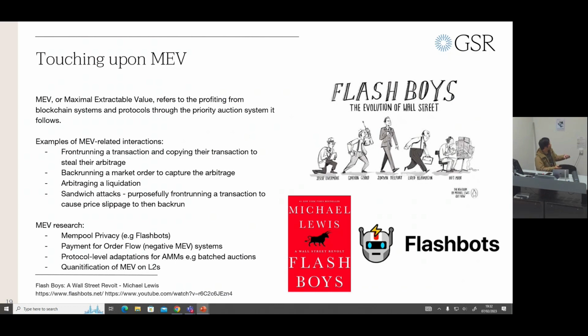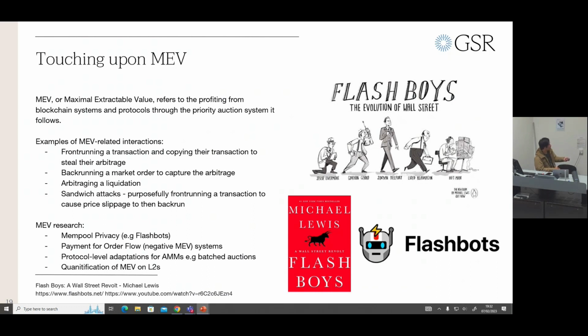One good example is making the mempool, this pool of pending transactions, private through the use of, let's say, Flashbots. Another example is payment for order flow systems that we're now seeing come up in the market, where if you would like to back run a user's transaction, you have to pay them a bit of the profits in order to back run them.